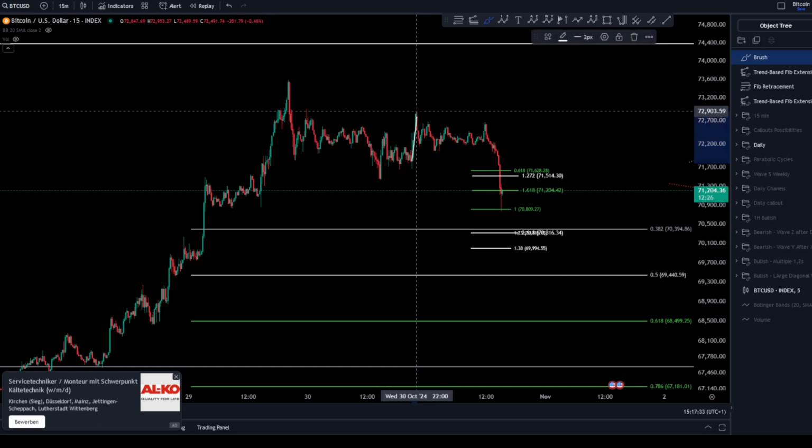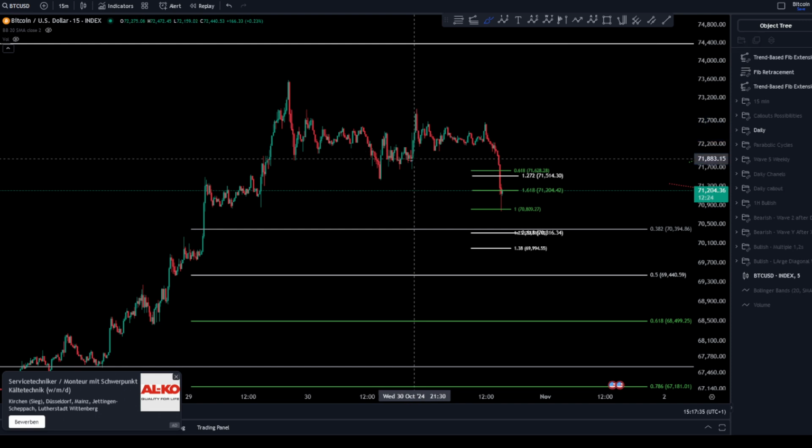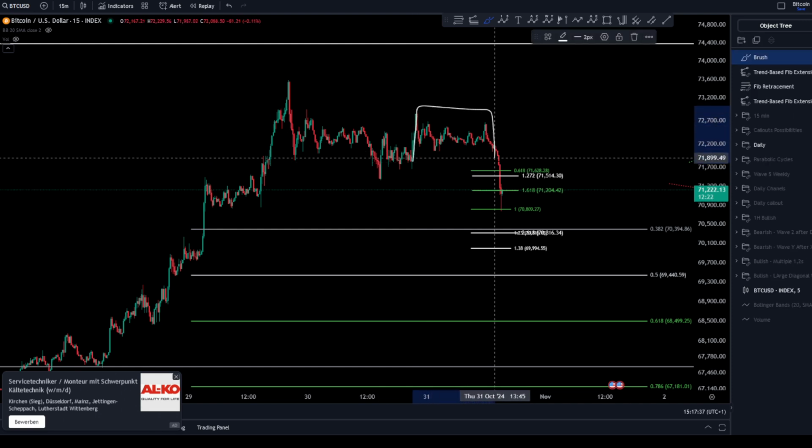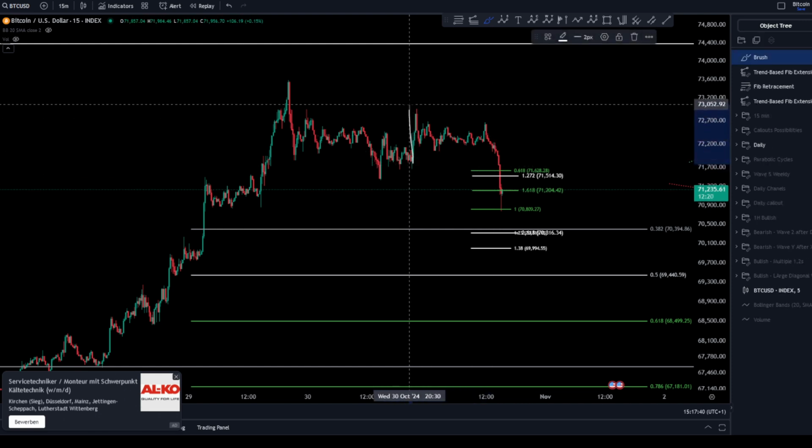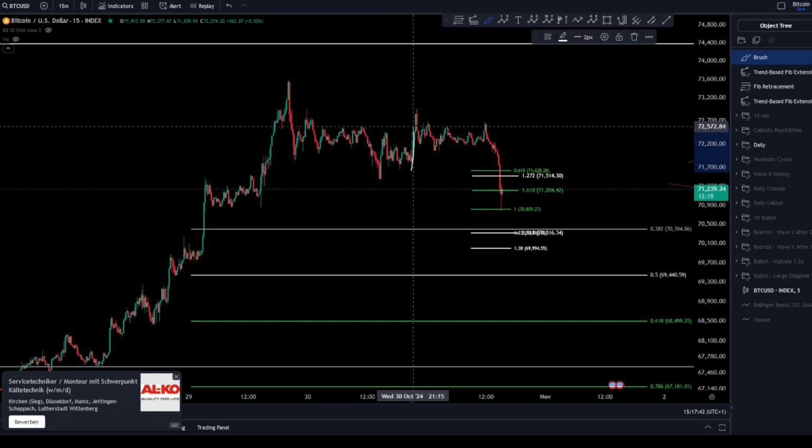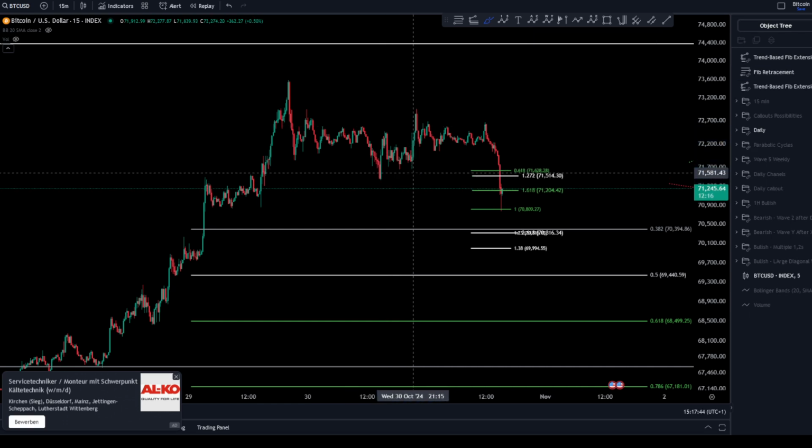Therefore, it has moved up your wave Y. Your wave Y, very, very rare scenario that it can end up in a triangle when your X is also a triangle. However, welcome to Bitcoin.